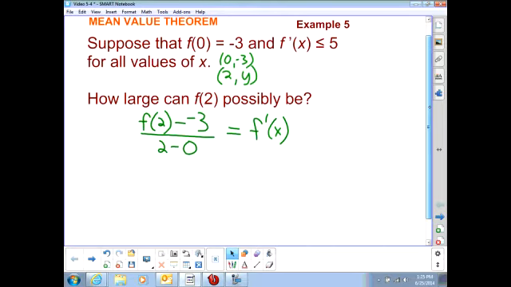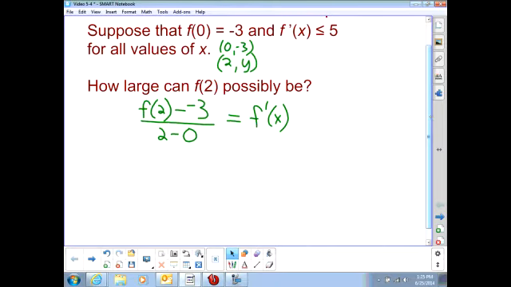Well, because we know our derivative is less than or equal to 5, we know that (f of 2 plus 3) over 2 must stay less than or equal to 5, because it's got to be equal to the derivative at some point.